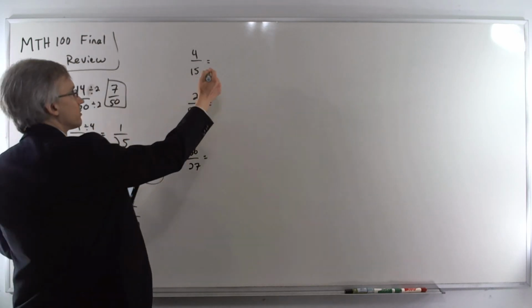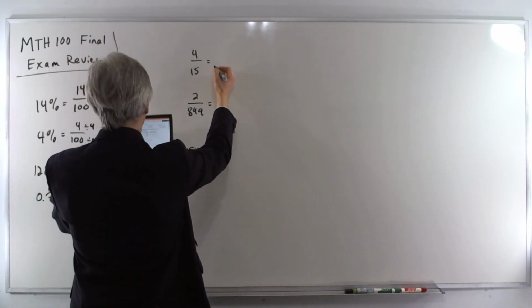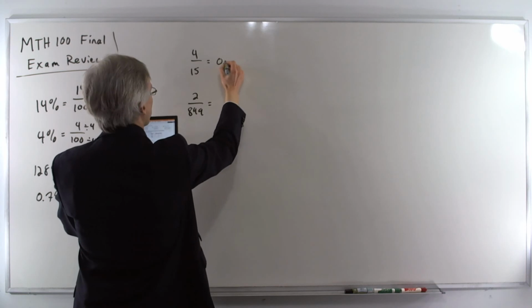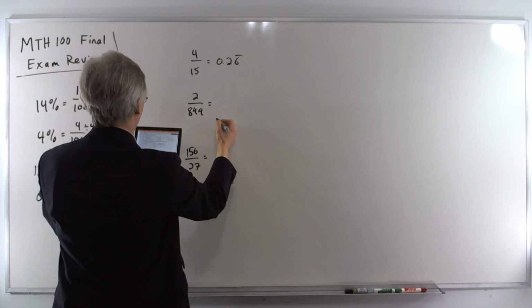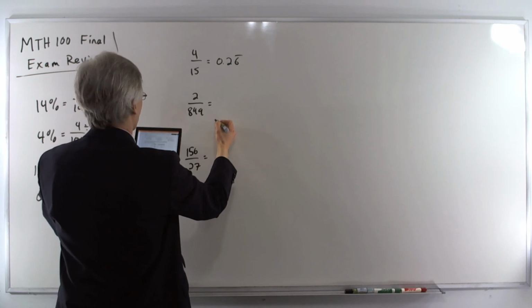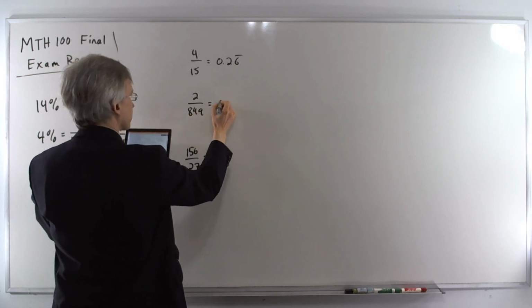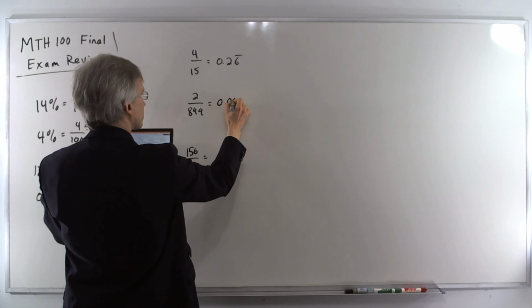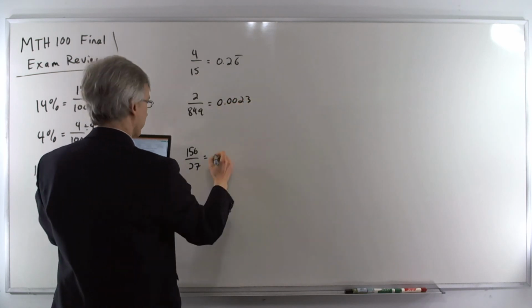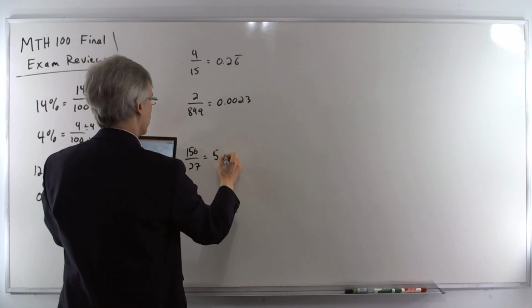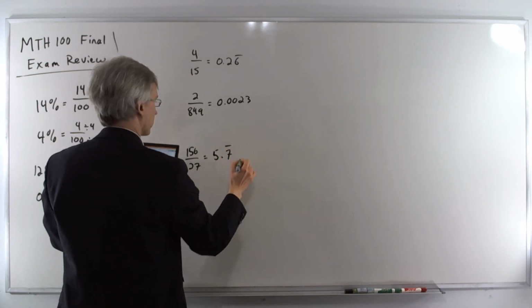So let's divide these out. Calculator spits out a decimal. We get 0.26 with a repeating 6. Now 2 over 849 gives us 0.0023. And for 156 over 27 we get 5.7 with a 7 repeating.